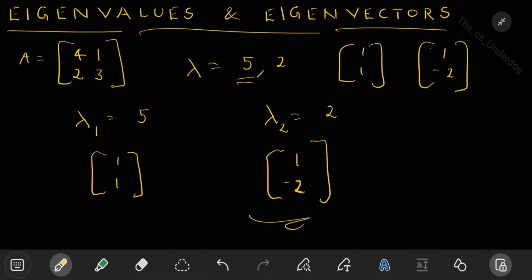This means that if you apply the matrix 4 1 2 3 to the vector 1, 1, it will become 5x, and if you apply the same matrix to the vector 1, minus 2, it will become 2x. This is what it means. So you should clearly understand what an eigenvector is, what an eigenvalue is, what the concept is, and how to derive the eigenvalues and, from them, the corresponding eigenvectors.